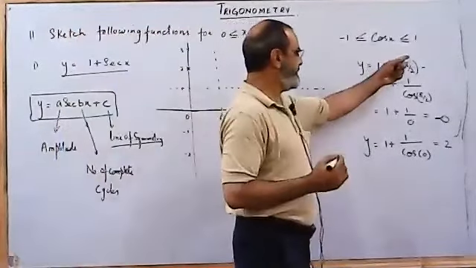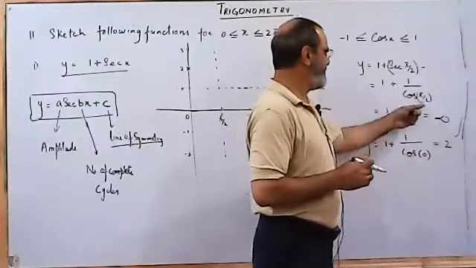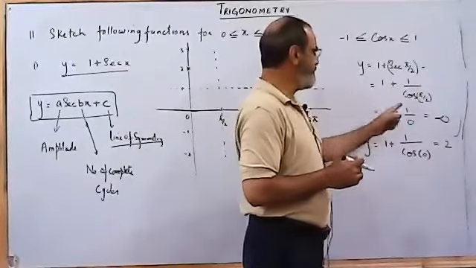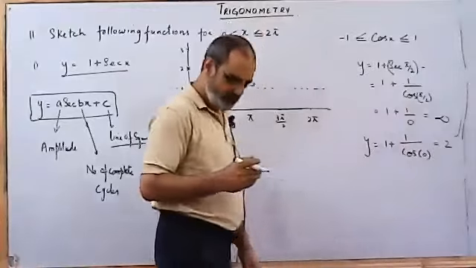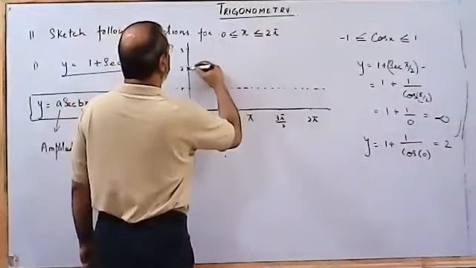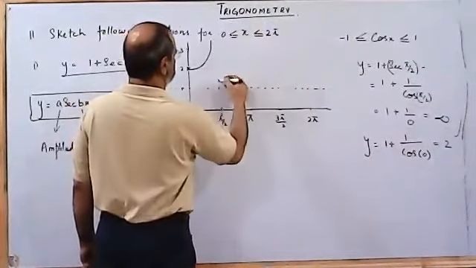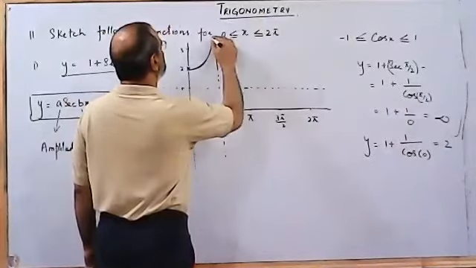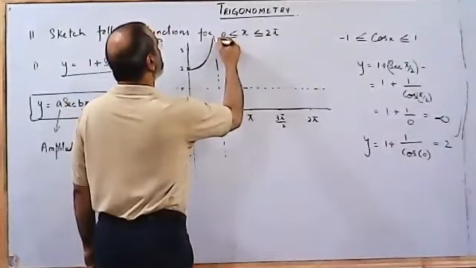At 90 degree, it is undefined. Secondly, between 0 and 90 degree, cosine is positive. Cosine positive means this curve will bend in the positive section, so it will go upward like that.